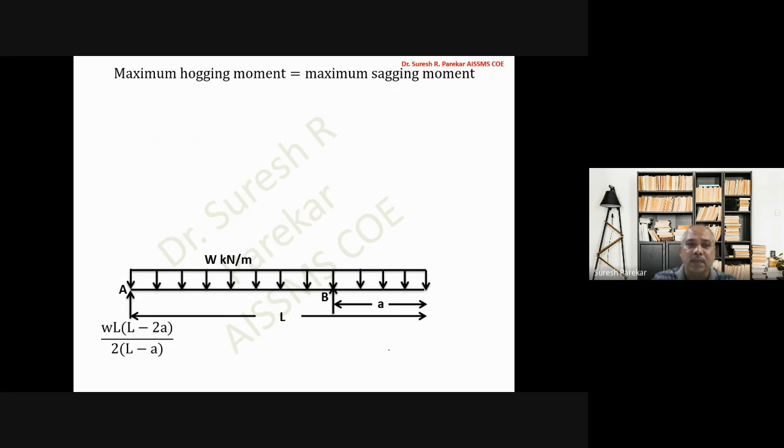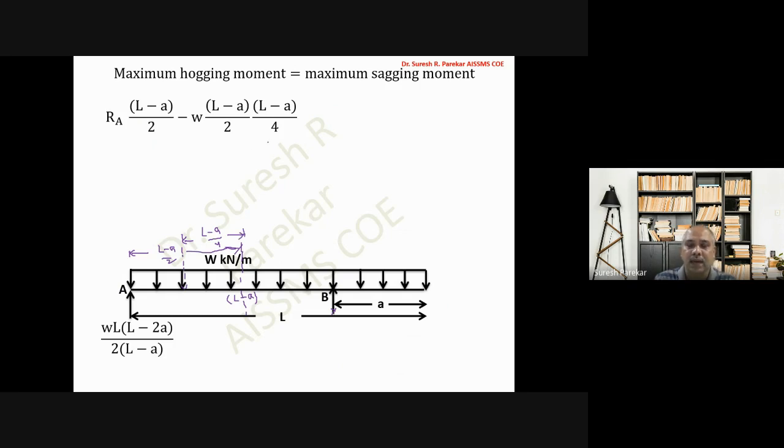Then the maximum bending moment will be at the center of this span L minus A, that is at L minus A by 2. We take moment about this point and equate it to the moment at B, which is the hogging bending moment, while at the center we have the sagging bending moment. So we have RA into L minus A upon 2 minus W into L minus A by 2 into L minus A by 4, because the load acts at the center and the distance is L minus A upon 4.